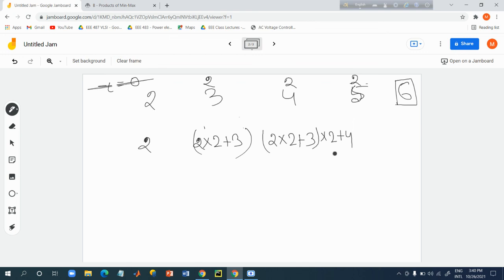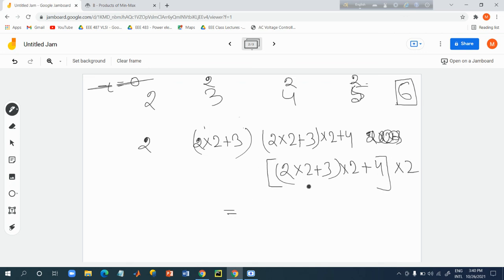Then we will move to 6, and this is your previous option, right? Your previous option will be multiplied again by 2, because each of these things will have a new element, right? So this thing will be again multiplied by 2. So we will get 2 into 2 plus 3 into 2 plus 4, and this thing again will be multiplied by 2.